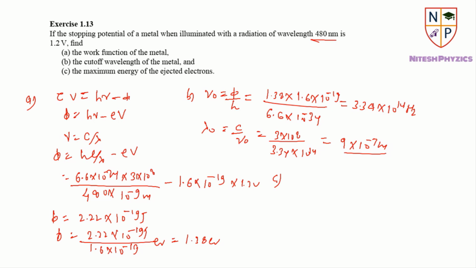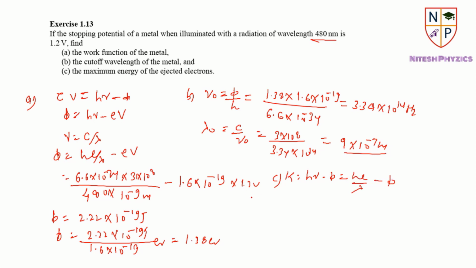To calculate part C, the maximum energy of the ejected electron, we know the kinetic energy of the electron is given by K is equal to h nu minus phi, which equals hc by lambda minus phi, since nu is equal to c by lambda.